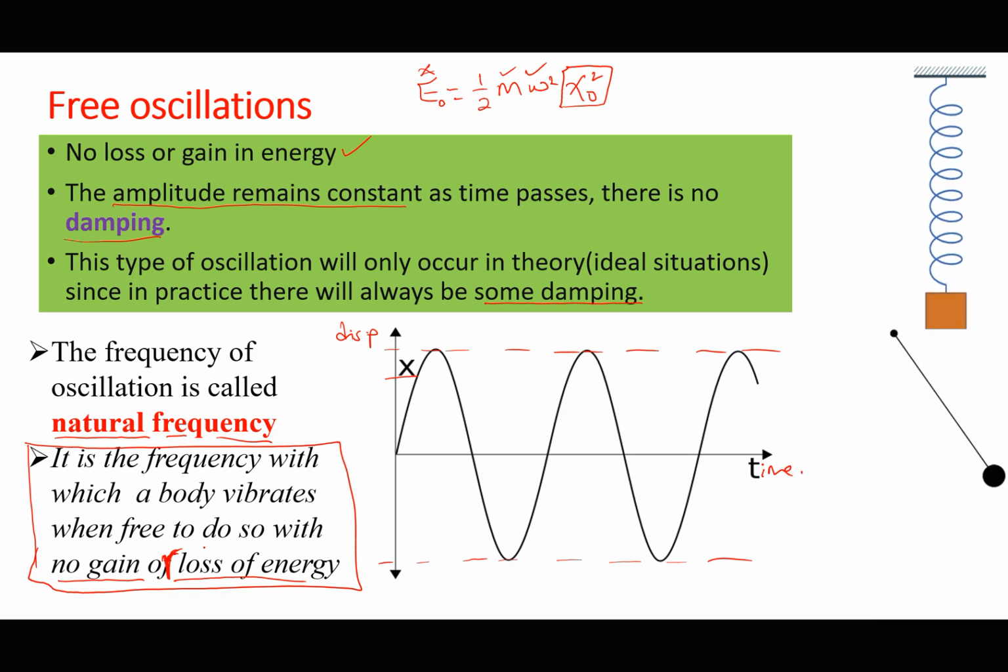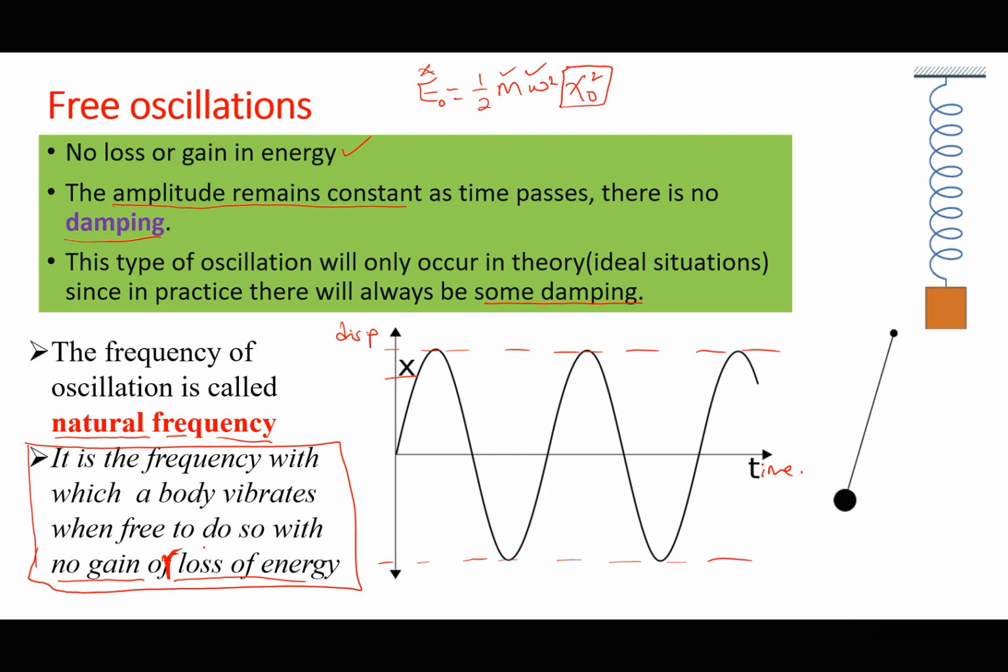So, in other words, the oscillations of a body or system with its own natural frequency and under no external influence other than the impulse that initiated the motion is what we are going to call free oscillations. An object is given an initial impulse or initial disturbance and it is left to oscillate on its own with no loss or gain in energy from the environment.